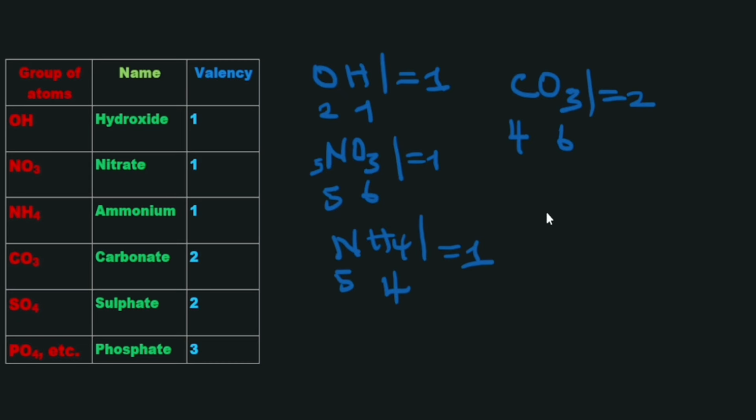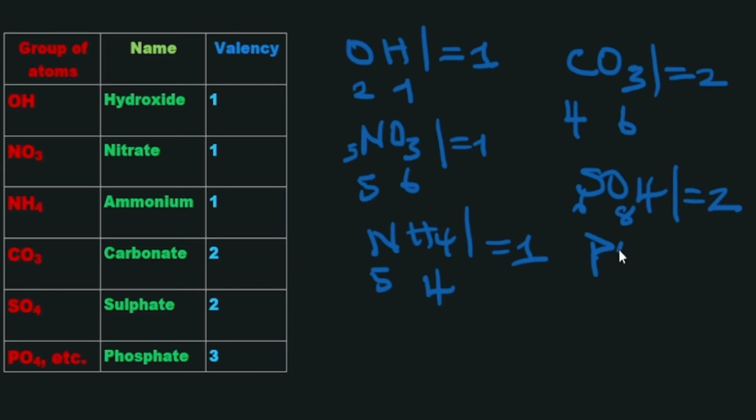For SO4, we will consider 6 for sulfur. Now we know that for oxygen it is 2. So 2 times 4, we have 8. 8 take away 6 is equals to 2. And for PO4, we'll also consider 5 for phosphorus.